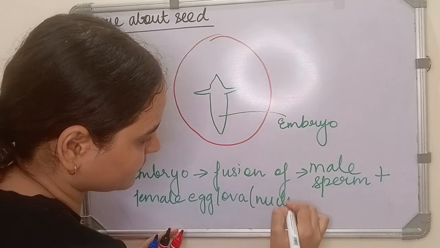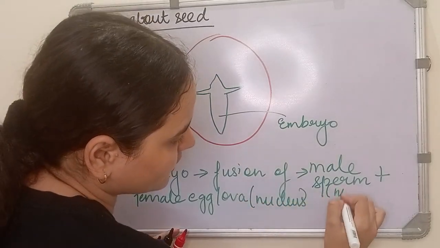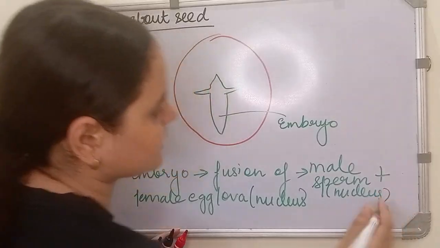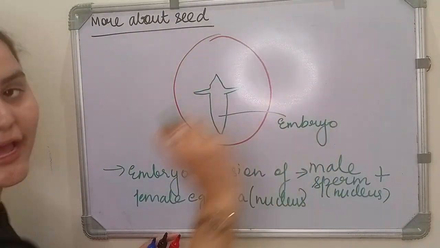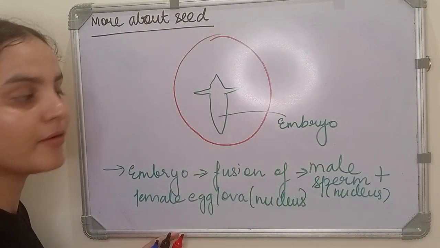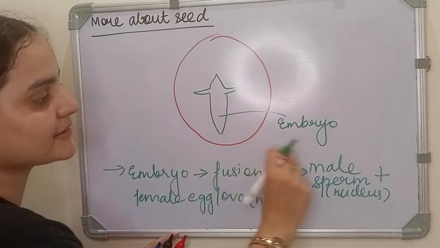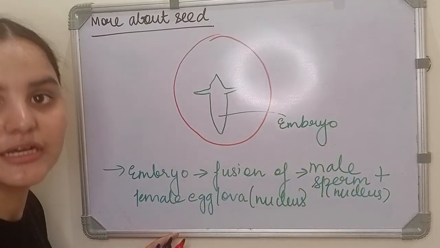Okay, in both cases their nucleus fuse and they form the embryo. First zygote is formed which divides and forms new cells and which further develops into the embryo.